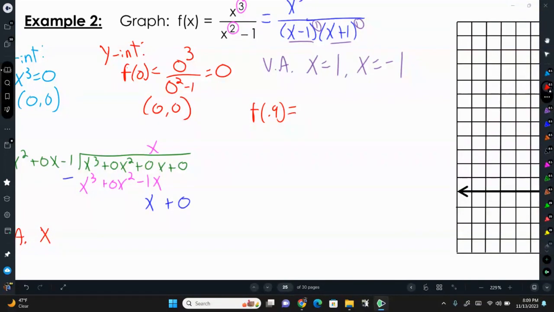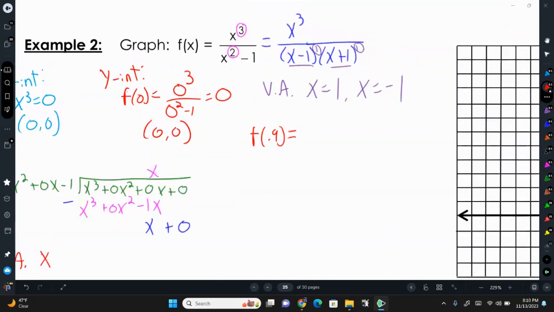And again, you could use the factored form or you can use the original one. Factored form might be a little bit easier because you can tell positives and negatives without actually calculating. So I'm going to use that one. But if you're using a calculator, then the first one might be a bit easier.